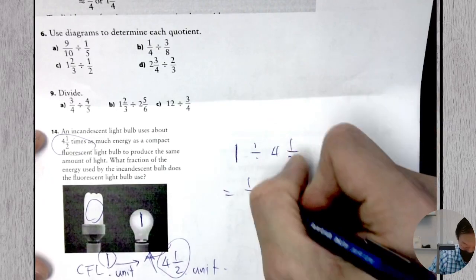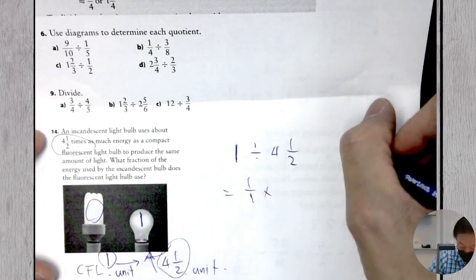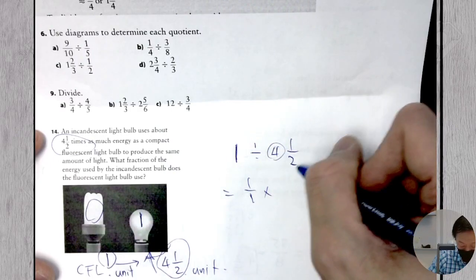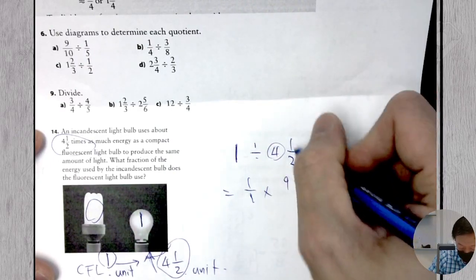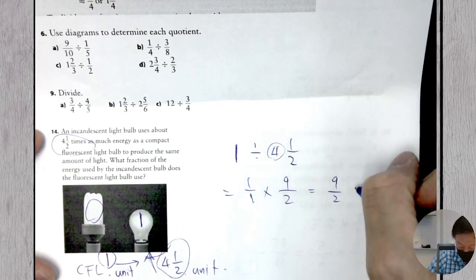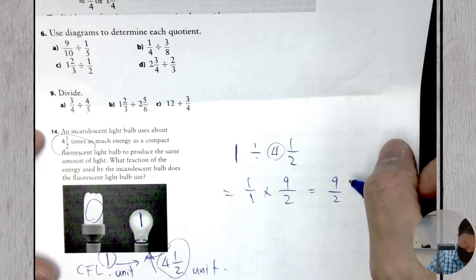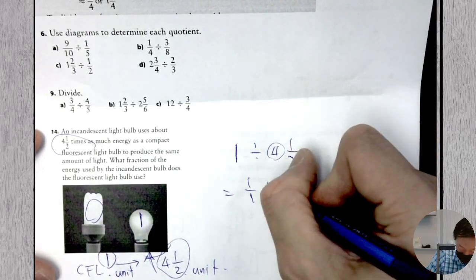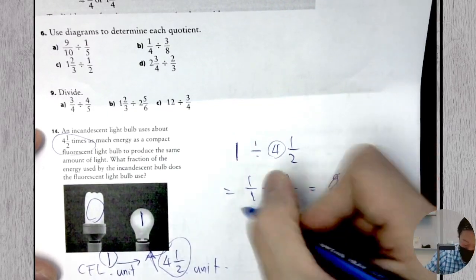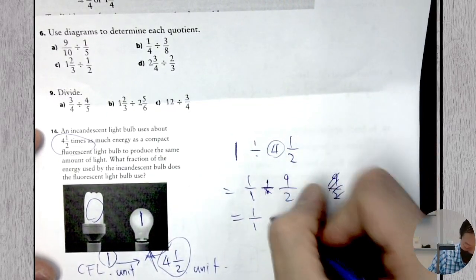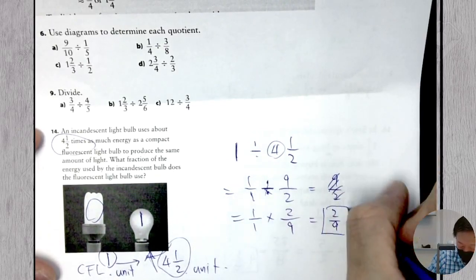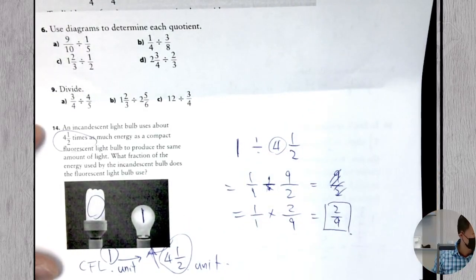It would be 1/1 times, I have a full part and a half part, so 2 times 4 plus 1 would be 9/2, and this would be 9/... oh wait a minute, this should still be divide. No one caught the mistake, come on. 1/1 times 2/9 would be 2/9. That will be your answer, okay?